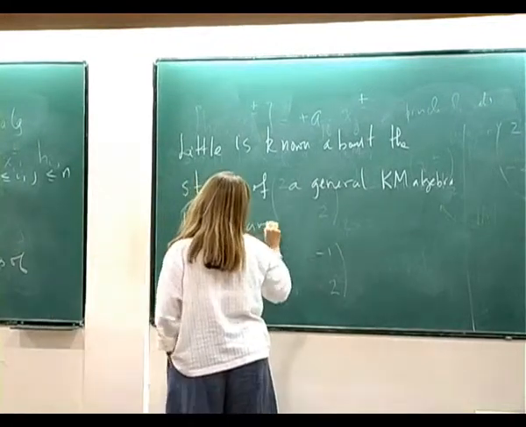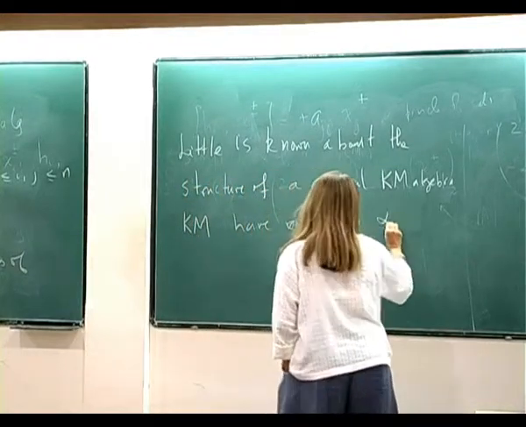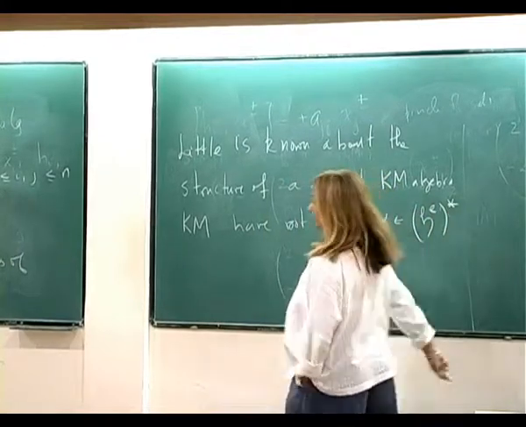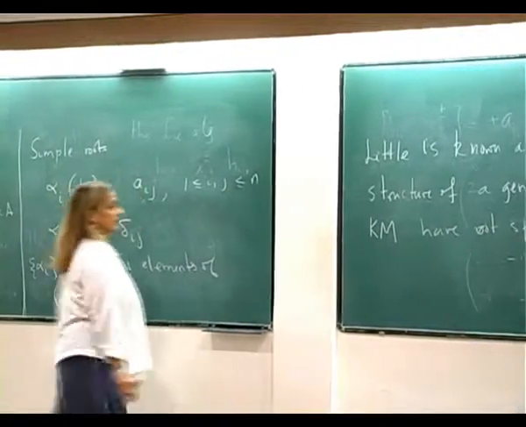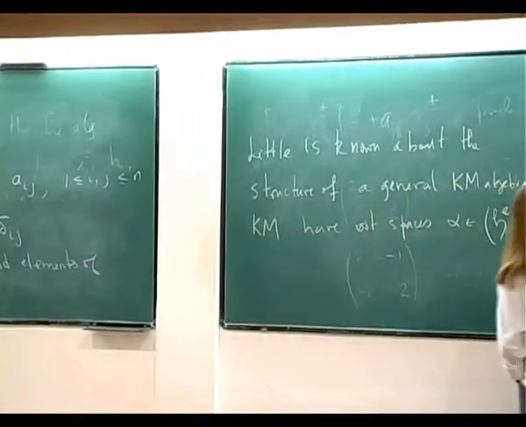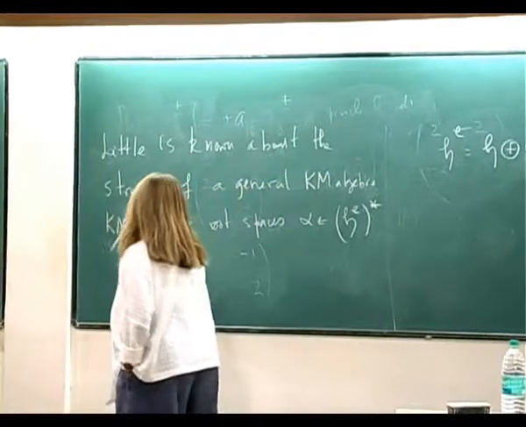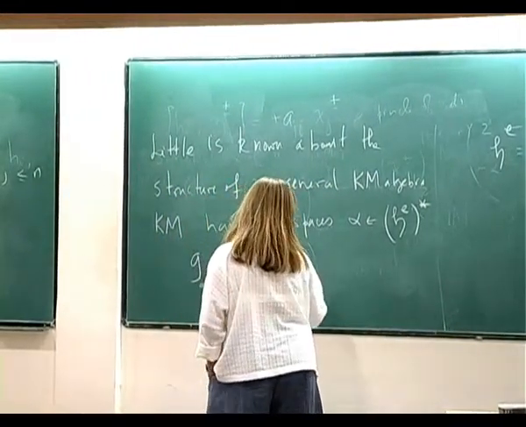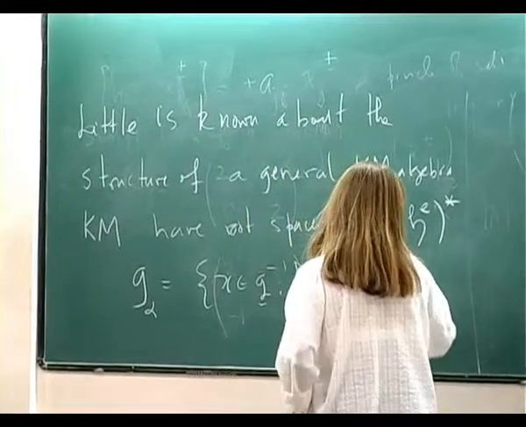Kac-Moody algebras have root spaces, alpha, which live in the dual of the extended Cartan. I've defined the extended Cartan: H_E equals H direct sum C to the S. So you can define G_alpha to be the set of all elements X in G such that [H, X] equals alpha(H) X.